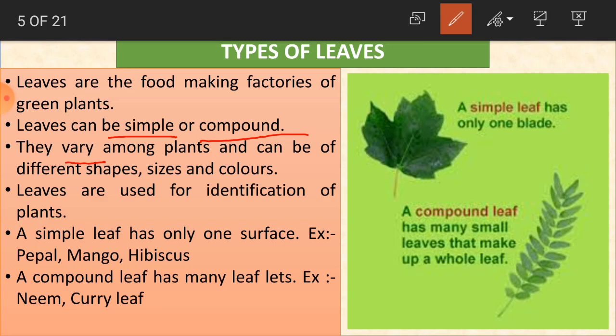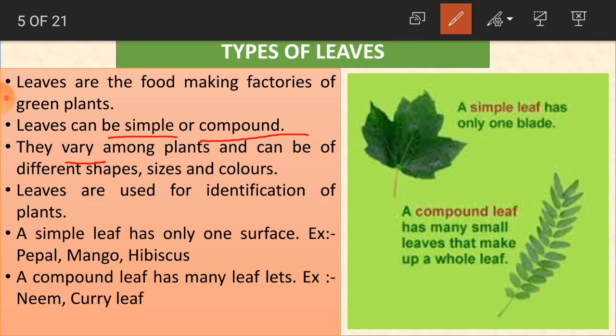Even though it is green only, you can find so many shades of green: light green, dark green, yellowish green, parrot green. Some leaves are in different colors like red and yellow, for some ornamental plants. So these plants also have different colors, types and sizes of leaves.